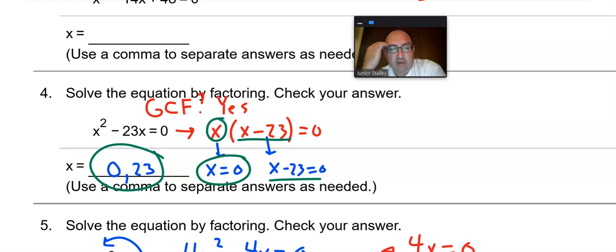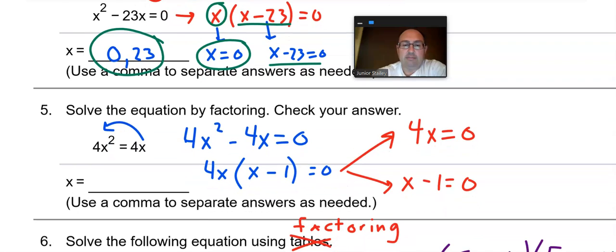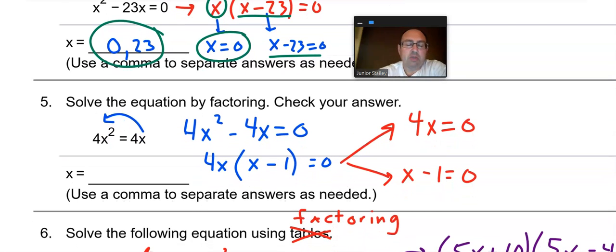You're going to find that when you factor out something and it has an x in it, or an x squared, or an x cubed, 0 is actually one of your answers. So same thing happens on the next one. I noticed that in order to do the factoring, I'm going to have to push all the terms over to the same side. Then I can factor it.